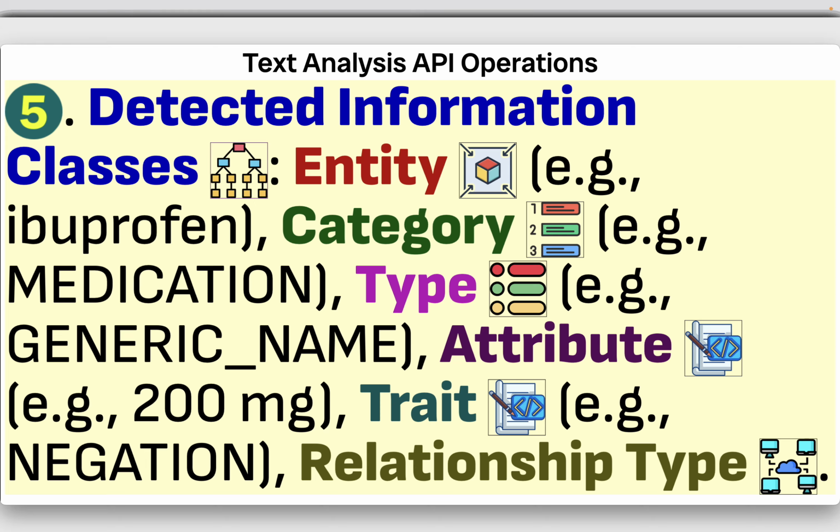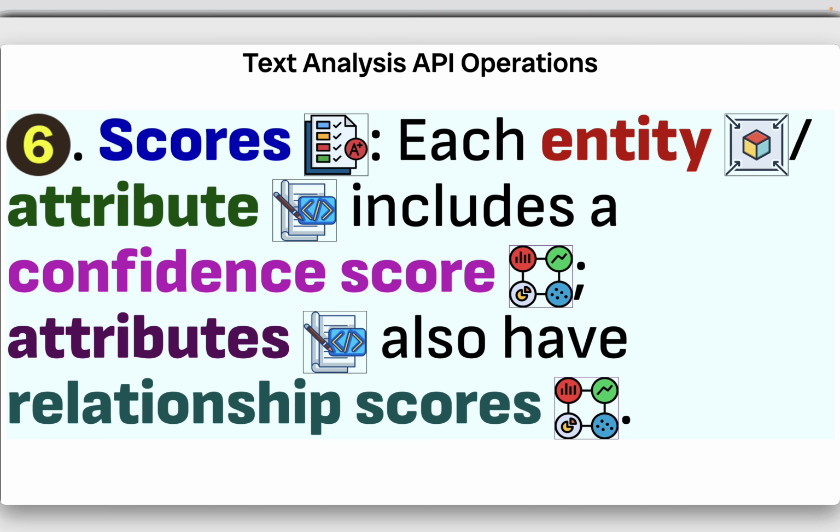Attribute, which is related information, for example, 200 milligram dosage for Brufen. And trait, which is contextual understanding, for example, negation, if a patient is not taking a medication. And a relationship type, which is between an entity and an attribute.